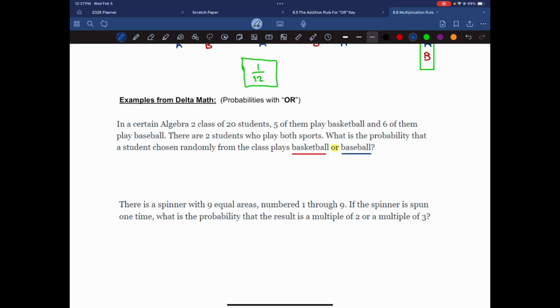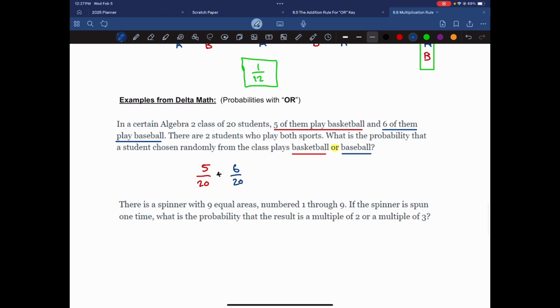So just looking at basketball, how many students play basketball? 5 of the students play basketball, okay? So 5 of my 20 students, and I'm in an or problem, so I'm going to add. And now baseball, how many play baseball? 6 of them play baseball. Okay, so 6 over 20.